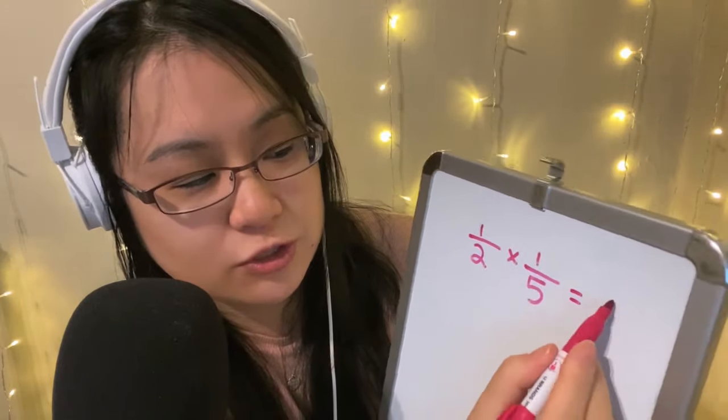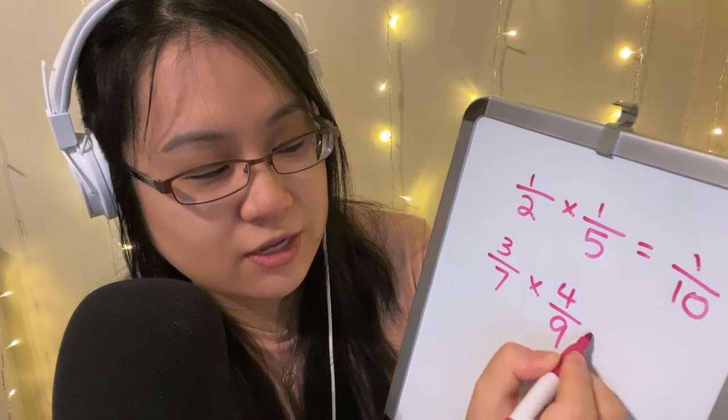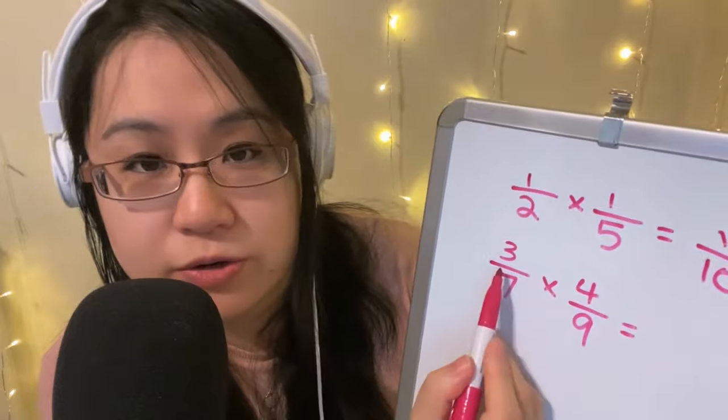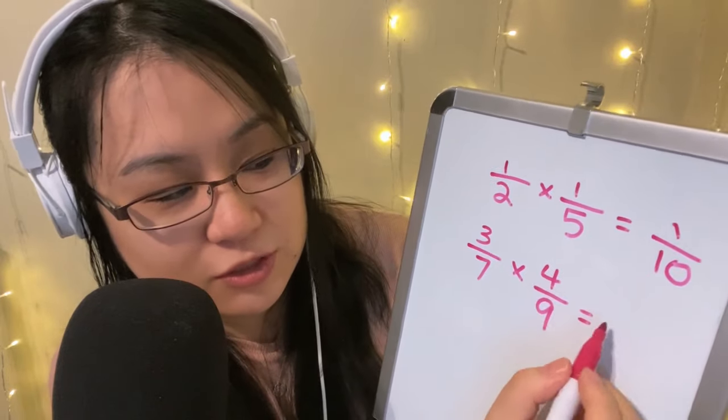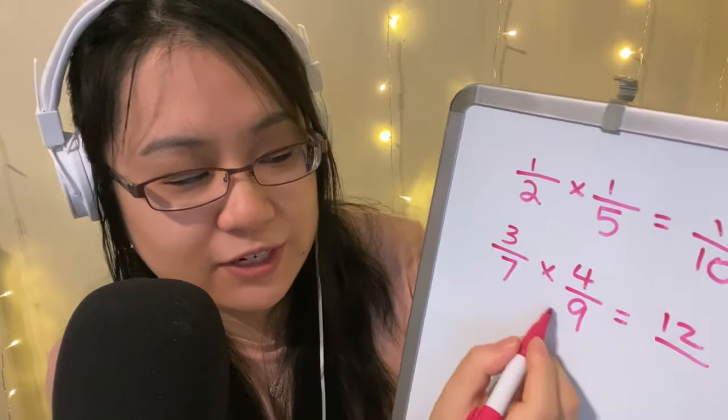Okay, in general, we just multiply straight across. So we could do the same. 3/7 times 4/9 would equal 3 times 4 on the top is 12. 7 times 9 across is 63.